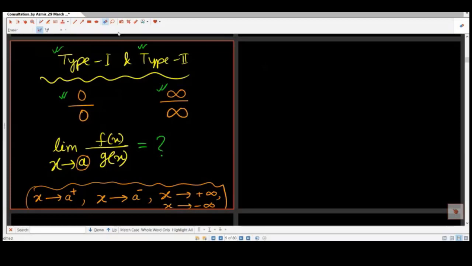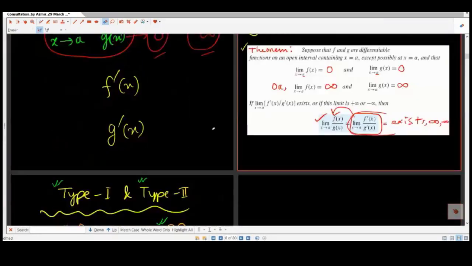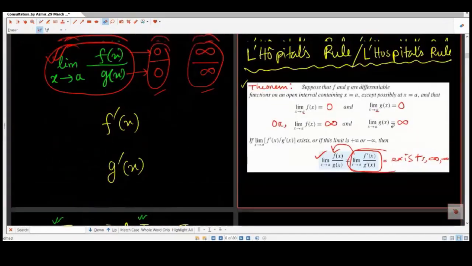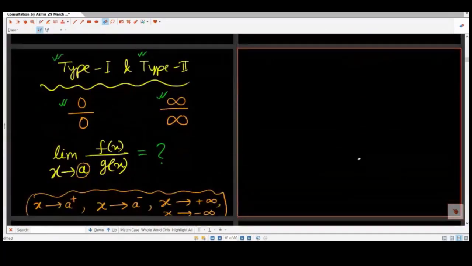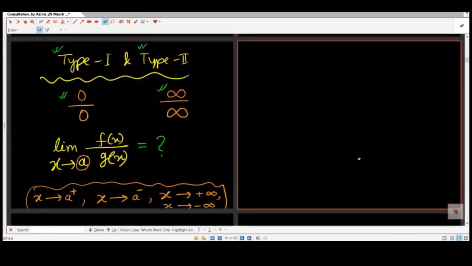We have seen from the theorem that the limit of f of x over g of x will be the limit of f prime of x over g prime of x as x approaches a. That means we have to find first derivatives of f of x and g of x.